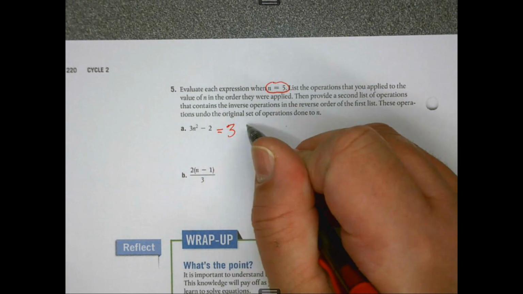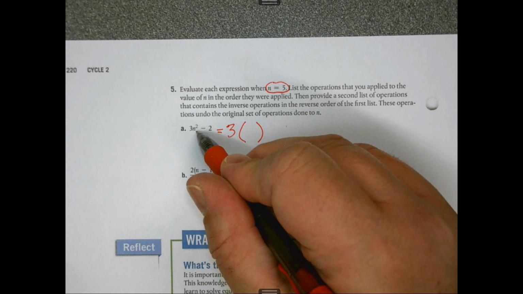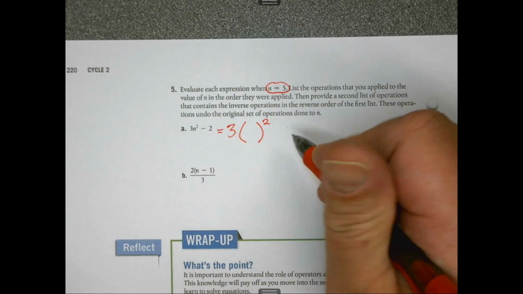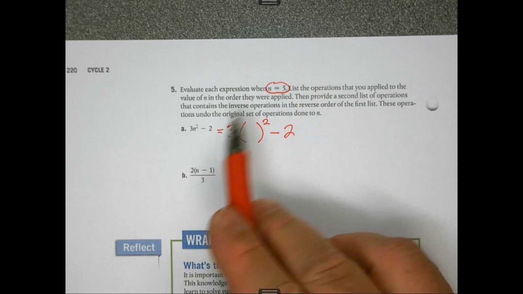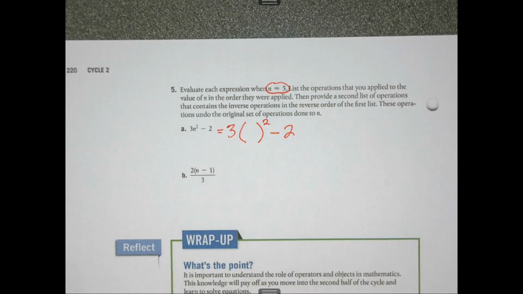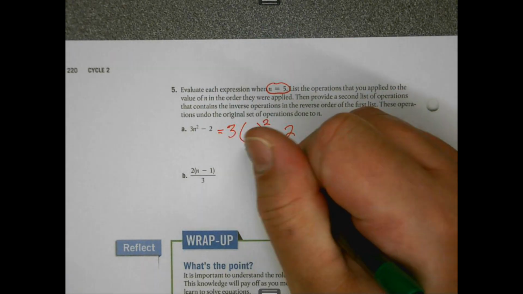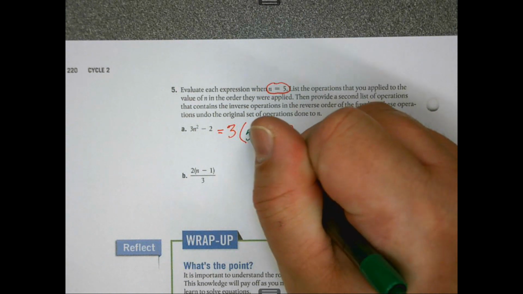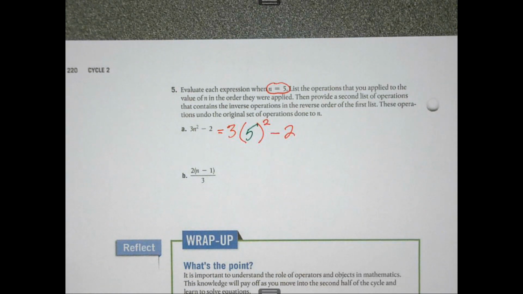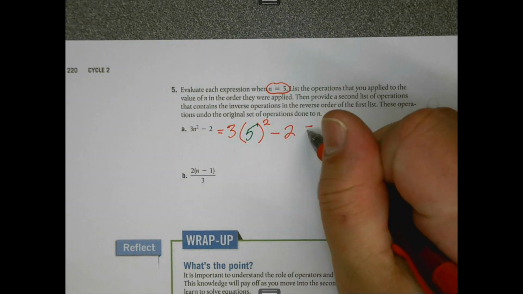So all we're going to do is substitute in wherever you see a variable, you're going to substitute in 5 for that variable. And again, I think I stressed this in the other section: please put parentheses where that n is. So here I have 5, and then just follow your order of operations.